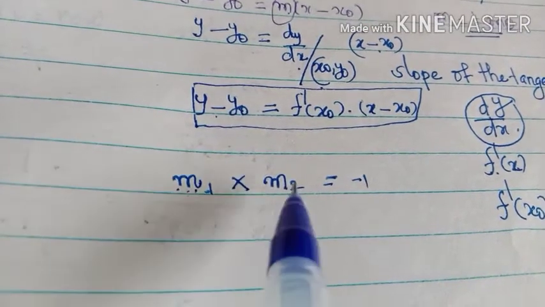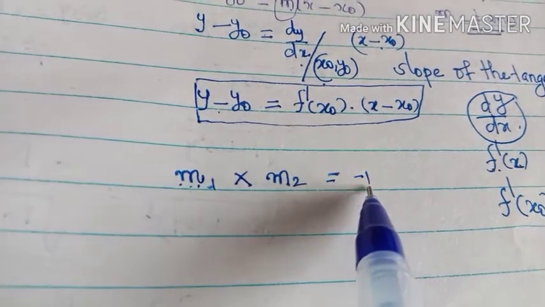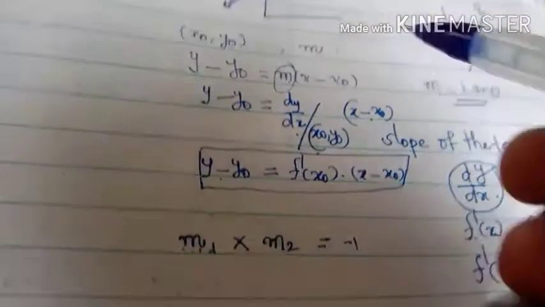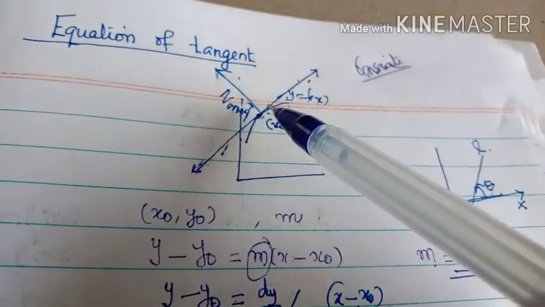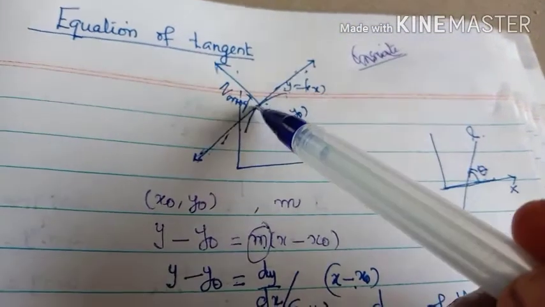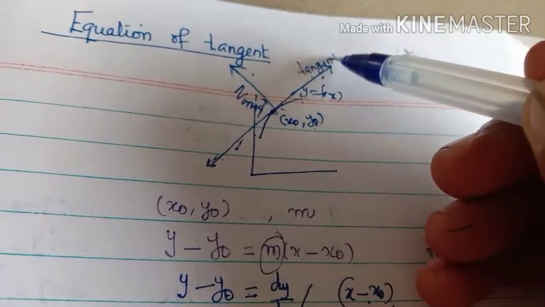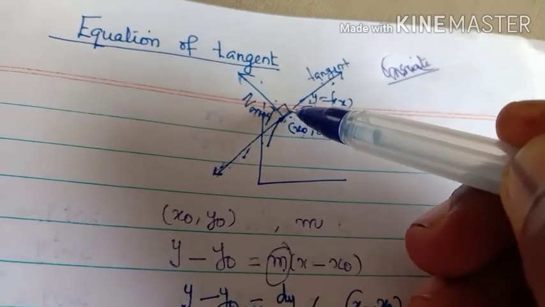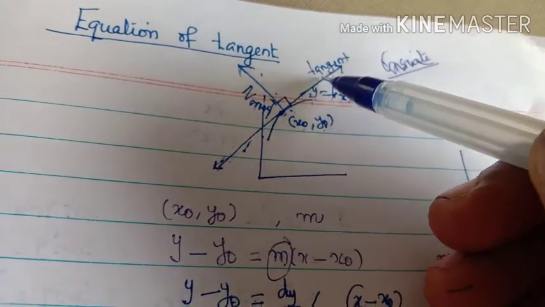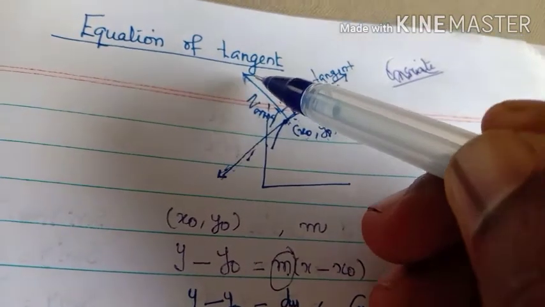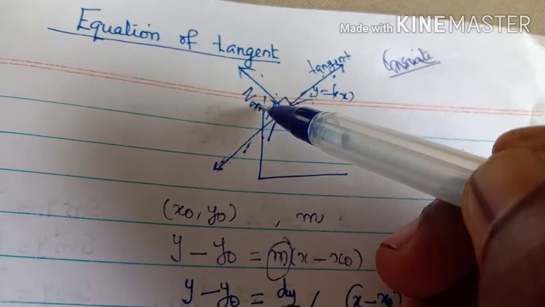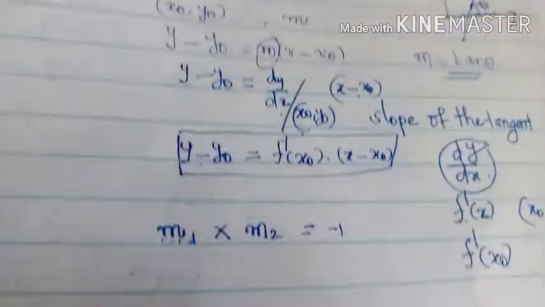Product of the slopes equals minus 1 if lines are perpendicular. So in this figure, this is the tangent line. Normal and tangent are perpendicular and therefore slope of this tangent into slope of this normal gives minus 1.